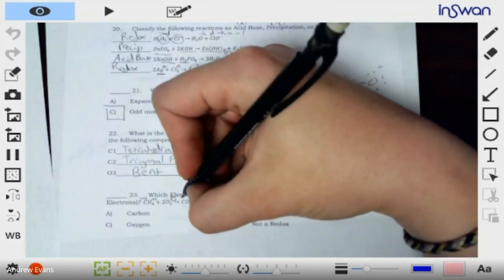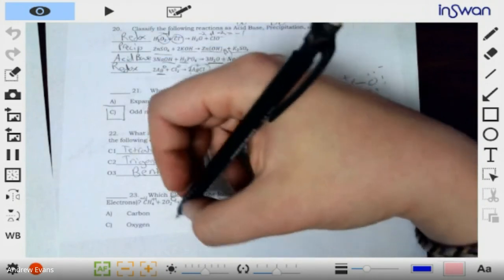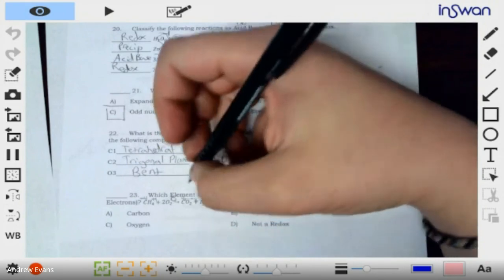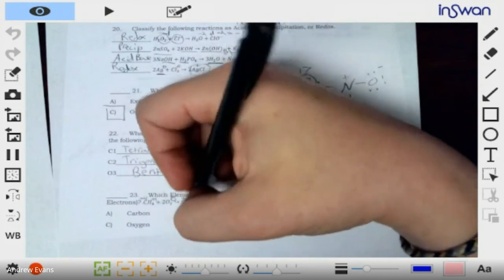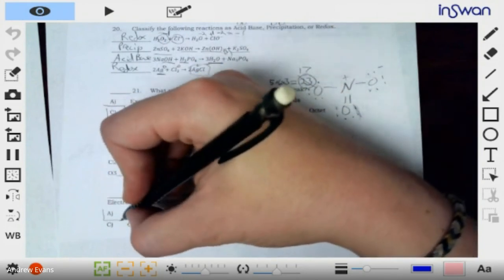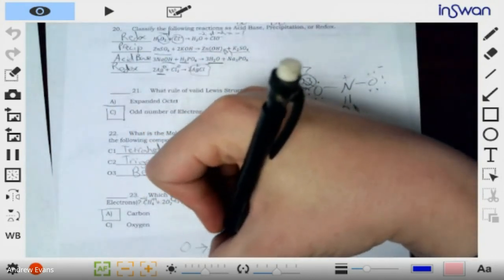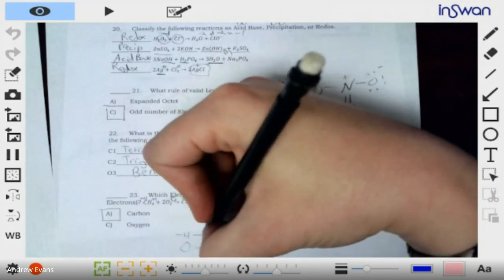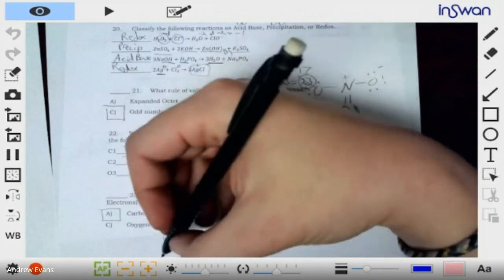Carbon goes from 4- to 4+. So which one of these atoms is being oxidized, thus losing electrons? Well, carbon is going from -4 to +4, so it's losing 8 electrons. So it would be carbon. Oxygen is going from 0 to -2, so it is gaining electrons. And hydrogen stays +1.